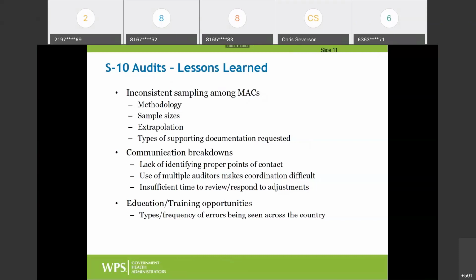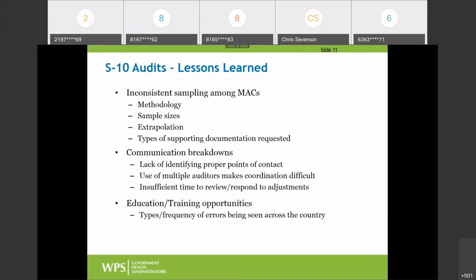So we have shared that information with CMS and Myers, hoping that, because they do reviews of all of the MAC's audit work each year, there's a way that we can communicate some of that information to hospitals for that purpose.